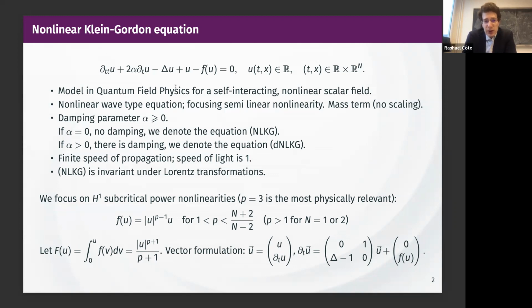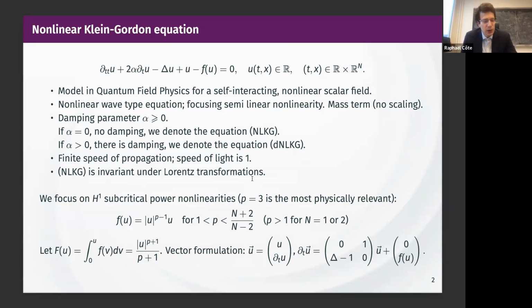So even in the damped case, here speed of light is 1, as you can see from the c squared here, which is 1. And in the undamped case, you have an extra invariance of the equation besides space and time translation. You have Lorentz transform, and I will say a few words about this later on.